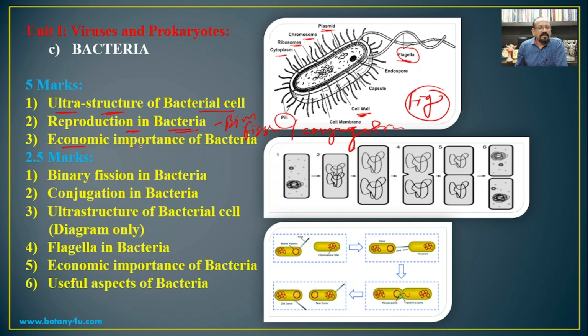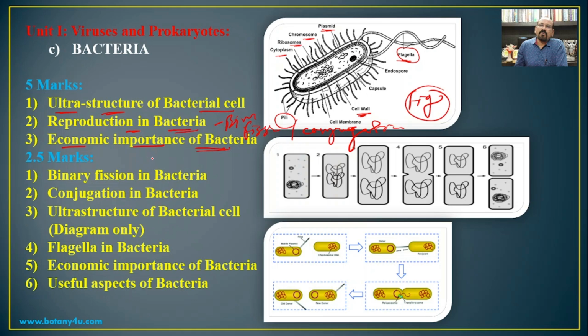Then the third question for 5 marks asked in bacteria is the economic importance of bacteria. As we have seen earlier in the case of viruses, here also we have to provide the negative as well as the positive importance of the bacteria.